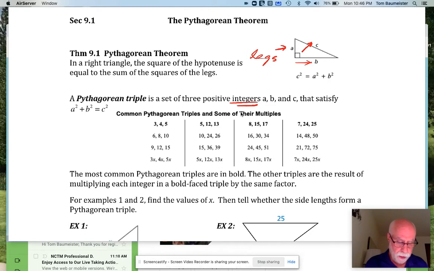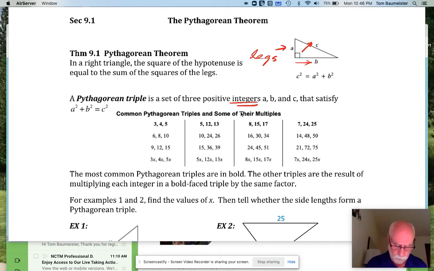If you look here, for the second one, 2 times 3 is 6, 2 times 4 is 8, 2 times 5 is 10, and so on. Those are just multiples, and that's what they're showing you down there. We can say it's 3 times x, 4 times x, 5 times x, 5 times x, 12 times x, 13 times x. So you should be able to see some of those.